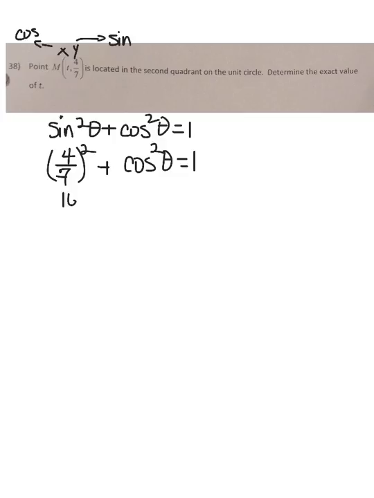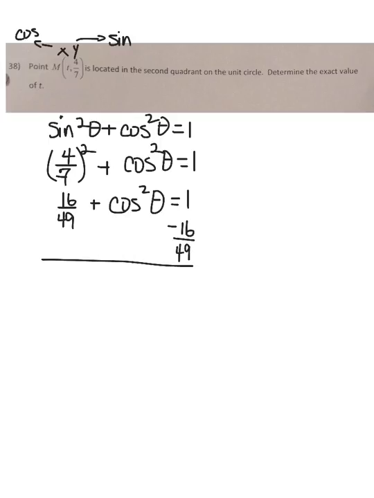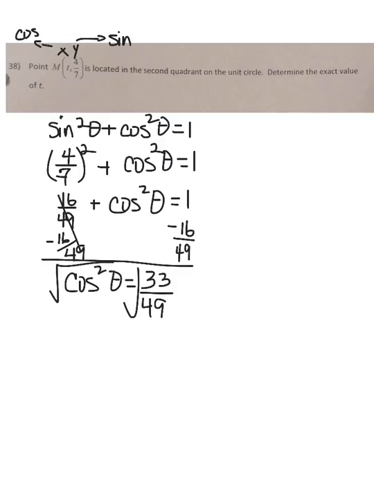All right, so I have 16 over 49 plus cosine squared theta equals 1. I'm going to subtract 16 over 49. You can either find a common denominator and do this in your head, or you can put it in your calculator. So cosine squared theta equals 33 over 49. And I'm going to take the square root of that.